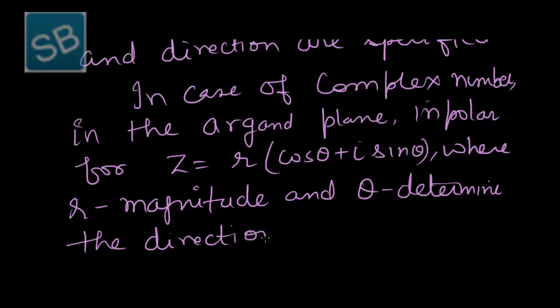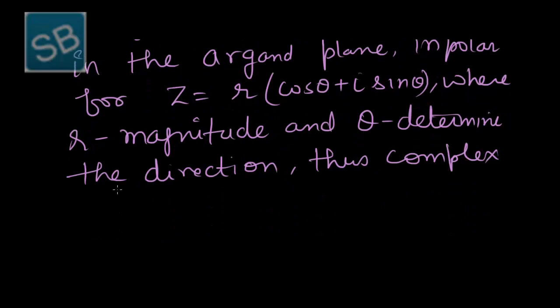So a complex number describes magnitude as well as direction. Thus, a complex number is a vector.